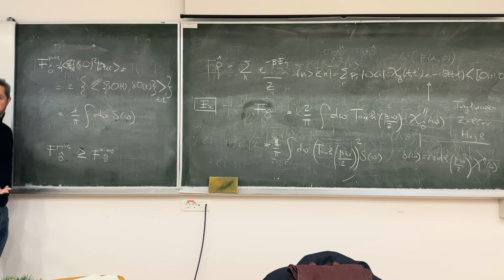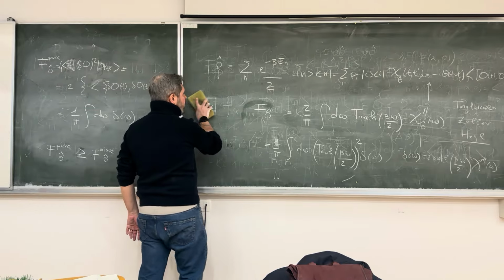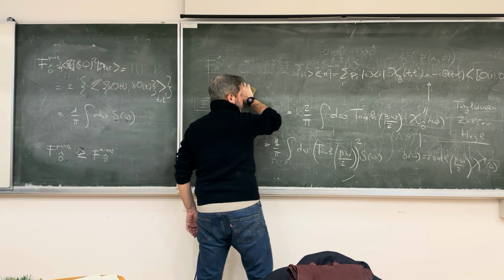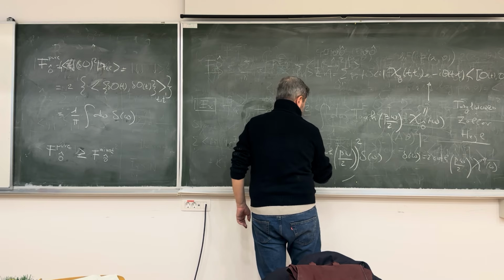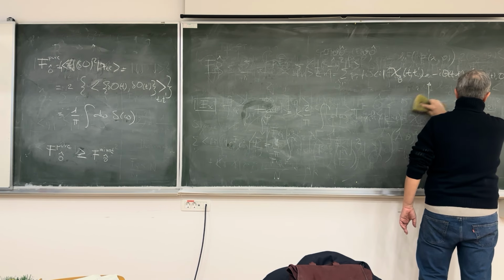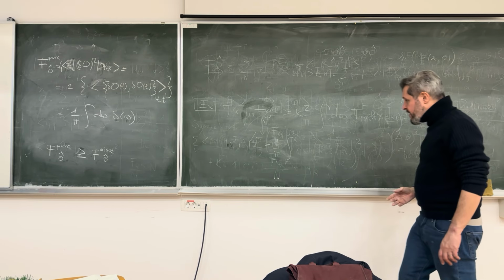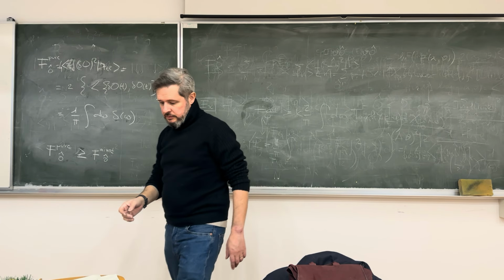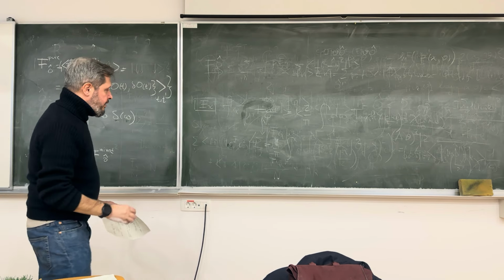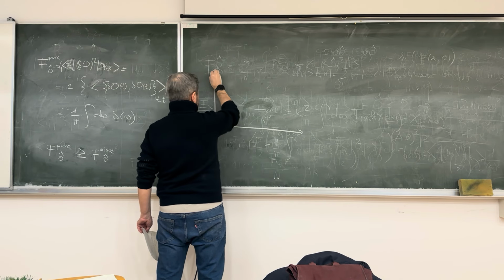This is a qualitative effect. Well, it turns out that this is what happens, for example, when you have a system that has at finite temperature a phase diagram of this type.